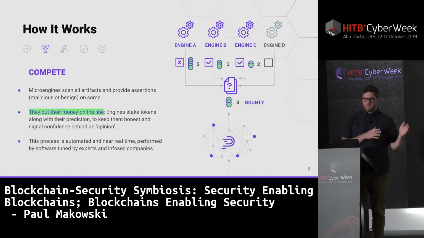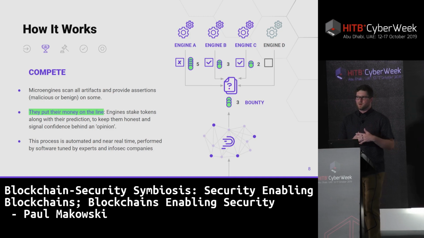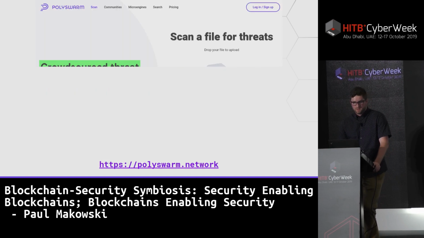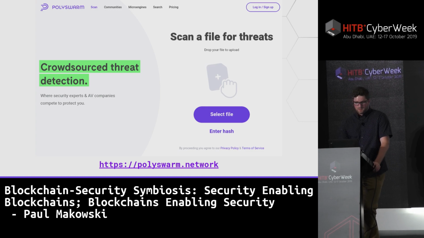Depending upon if it actually was malicious or benign, the incorrect side of the market has their tokens taken and given to the correct side of the market, right? So it encourages people to stay on top of the latest threats and only respond when they're actually confident in something. This is kind of what it looks like. And I have a link at the end.